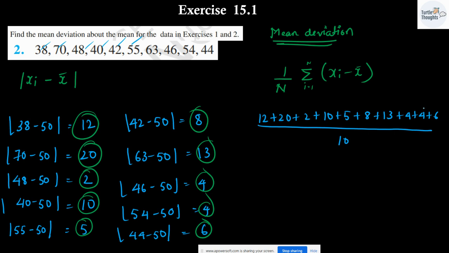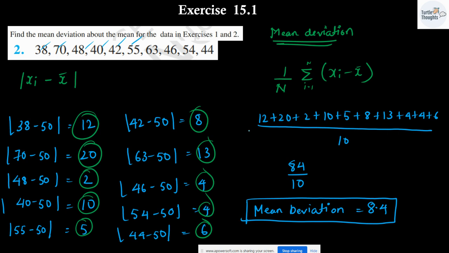Adding these up, the sum is 84. 84 divided by 10, so you can write the mean deviation as 8.4. Is it clear?